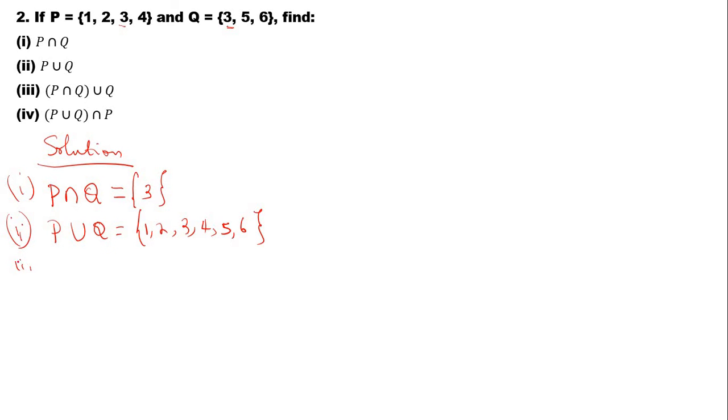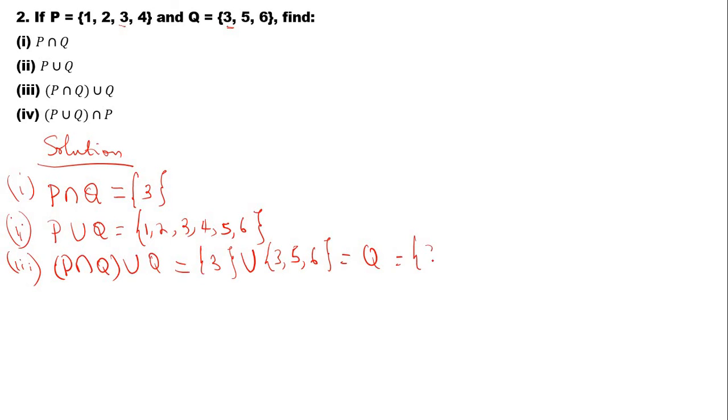Then next, the third one is P intersection Q union Q. So already we have P intersection Q, which is 3. If we unite it with Q, which is 3, 5, 6, it will just be Q, which is 3, 5, 6.